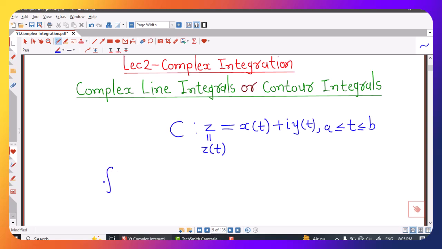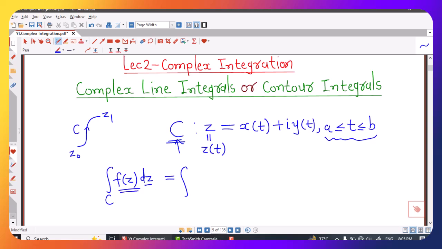Now suppose we are given some complex function, say f(z), which is piecewise continuous on a given contour C, and suppose we want to find the integral of this complex function along this contour C from t equal to a to t equal to b, or between any 2 points, say z0 and z1, which are on this contour C. Then we will try to convert all these things from complex variable z to real variable t.